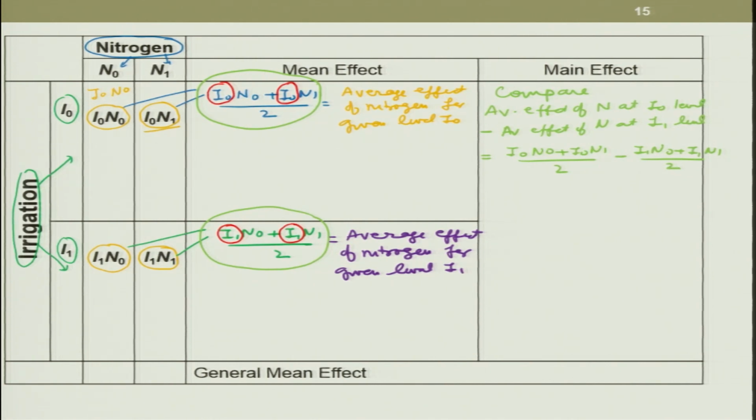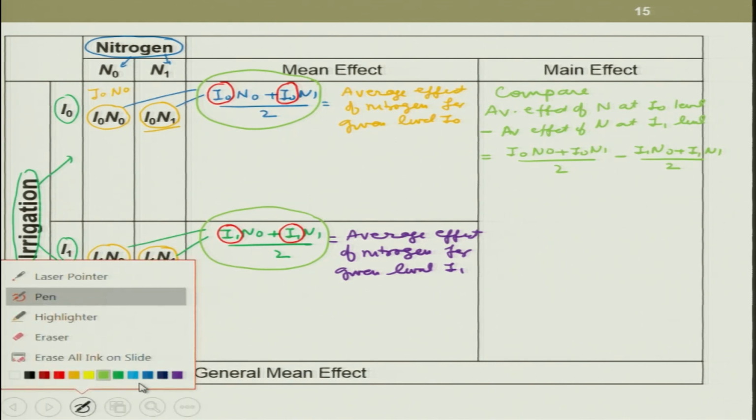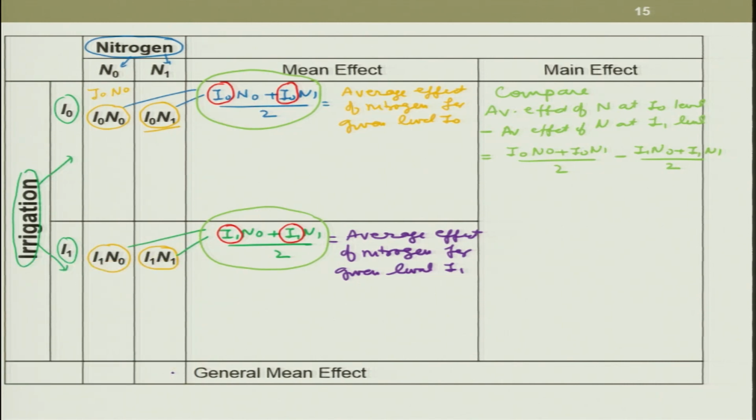Now, if you try to see what is happening in this part, I0 is fixed, in the second part I1 is fixed, and in both these parts N is fixed.